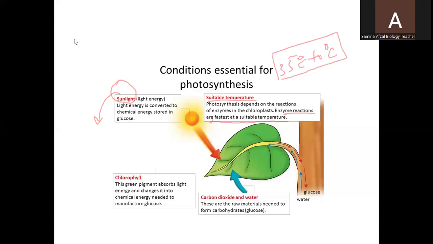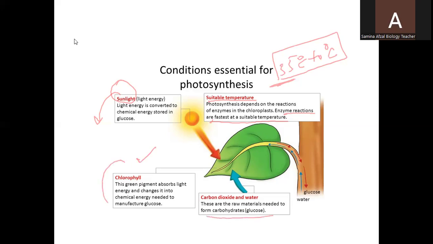So, very low temperature and very high temperature should not be there for this process of photosynthesis, because at high temperature the stomata will be closed. The chlorophyll will capture the sunlight for the process. So if chlorophyll is not there, there will be no photosynthesis.